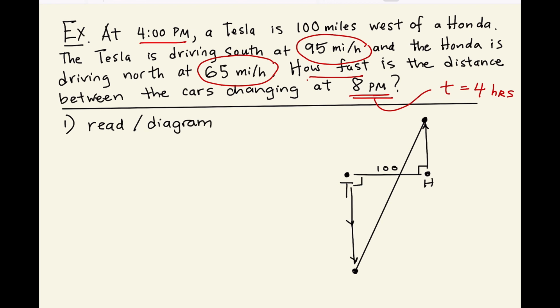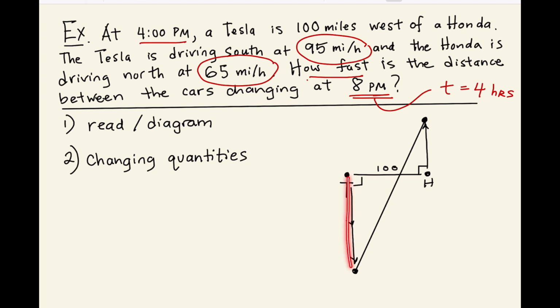My second step is I want to look at my diagram and write down what the changing quantities are, like what quantities are changing with time, and give them some names. So I can see that this distance is fixed. They're always 100 miles apart horizontally.